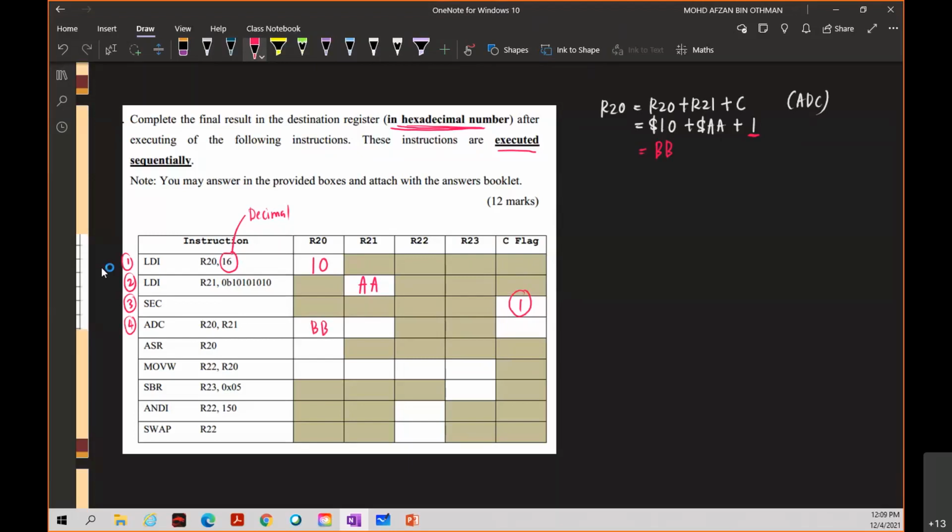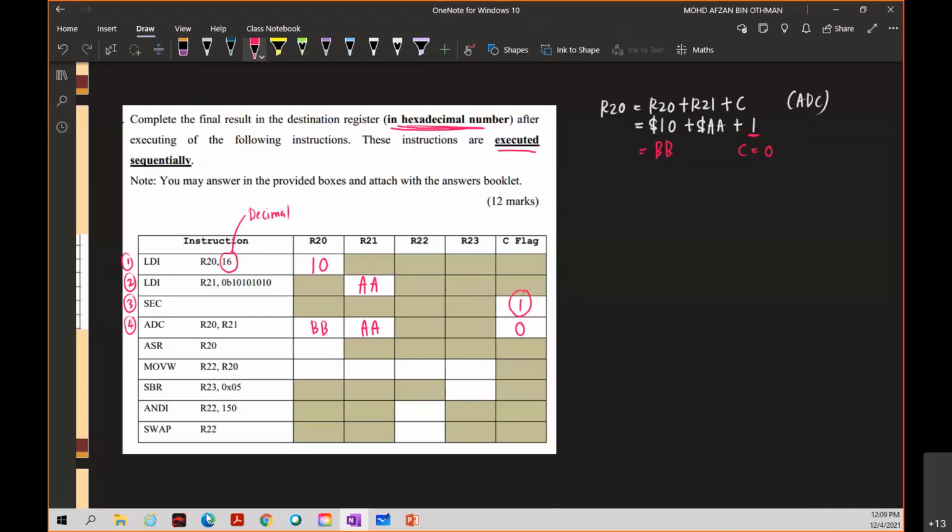What is the value of R21? AA, remains no change. And what would be your C flag? 0. Why 0? Because after the addition, there is no carry from bit 7 to bit 8. So the C flag equals 0.